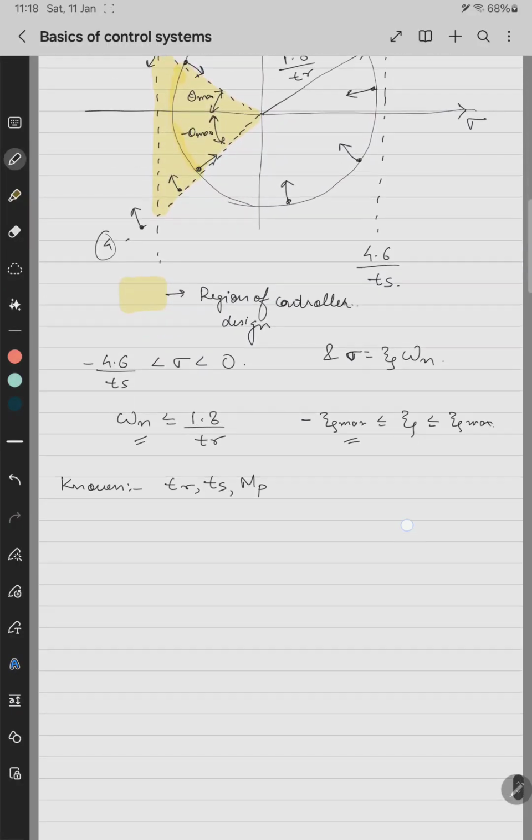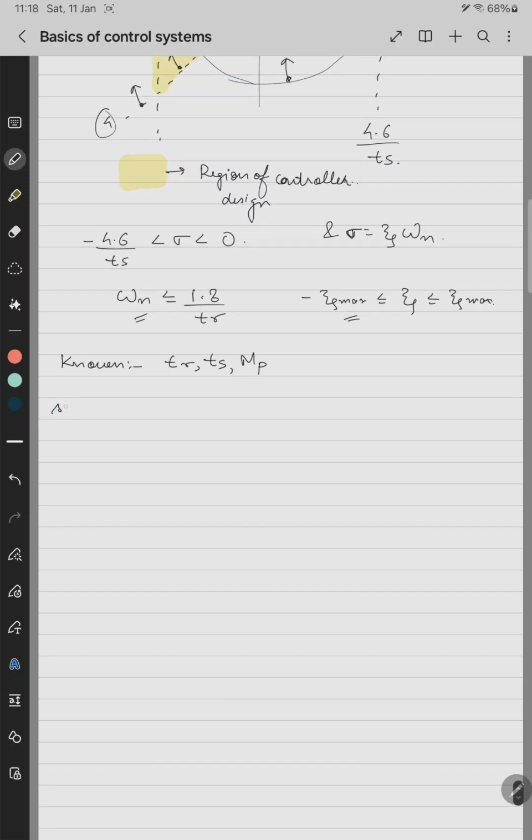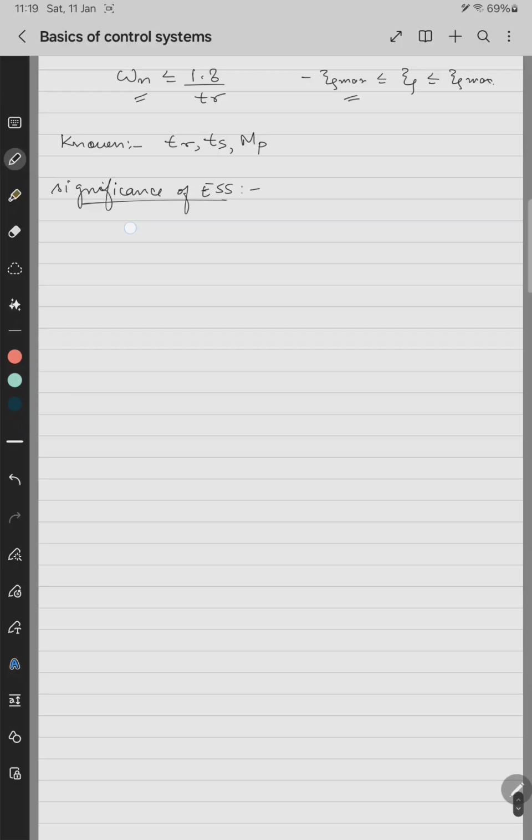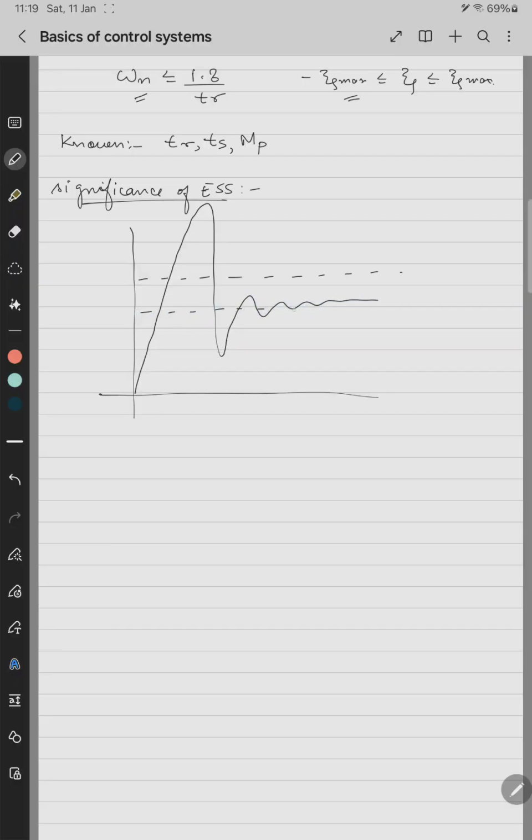So basically steady state error gives the significance of ESS for a P controller. Now here the time response will be like this. This will be the steady state value, and this is how the response will be. So this difference is called the steady state error. Rise time, peak time, everything is there.